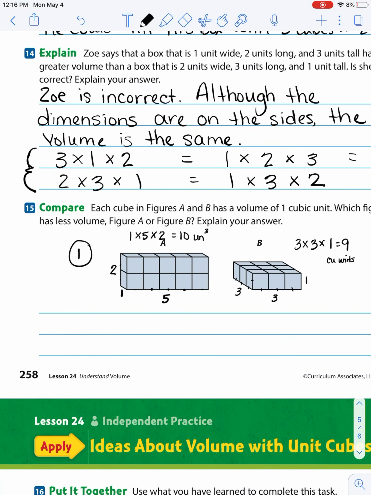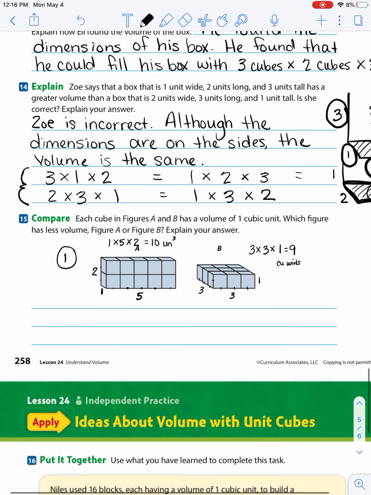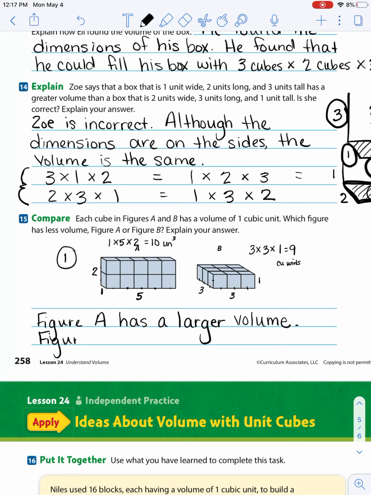So figure A has a larger volume. But what does that actually mean here? What it means is, by how many?